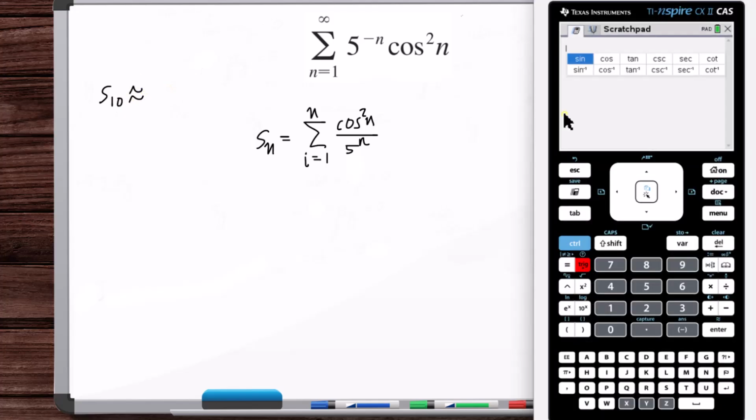So we've got the sum of cosine of n squared divided by 5 to the n, with n equal to 1, plus n equal to 2, plus n equal to 3.